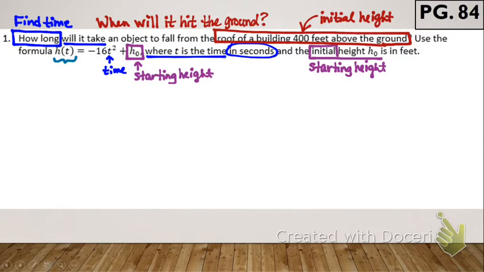So where would I put that in the equation that they gave me? At the end. So I still have this equals negative 16t squared. I have a positive 400 because it's 400 feet up in the air.